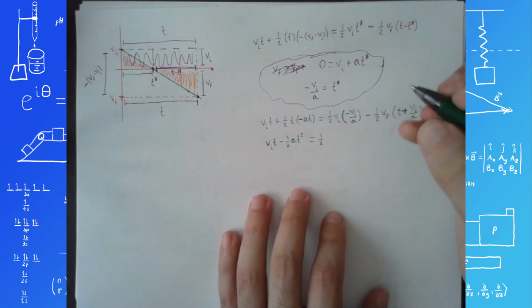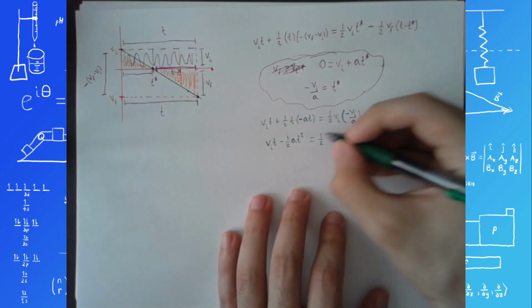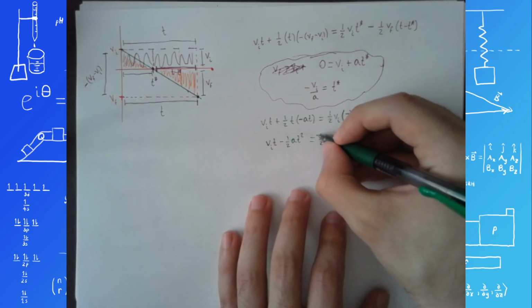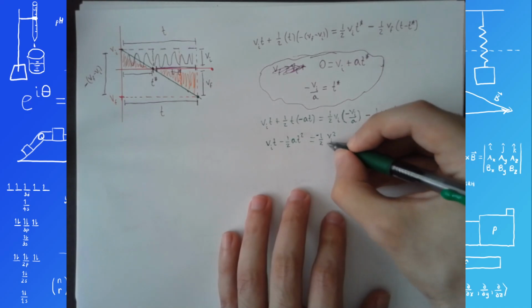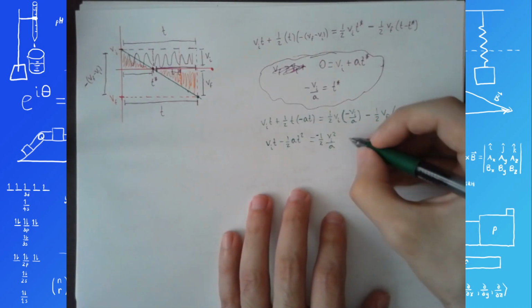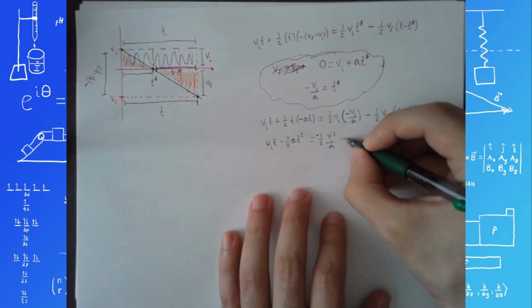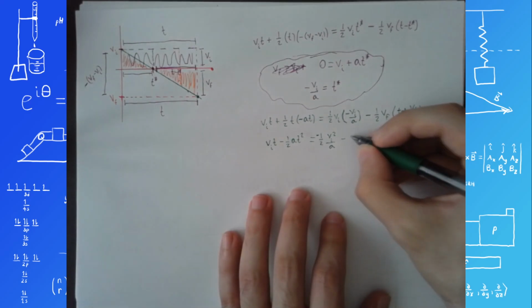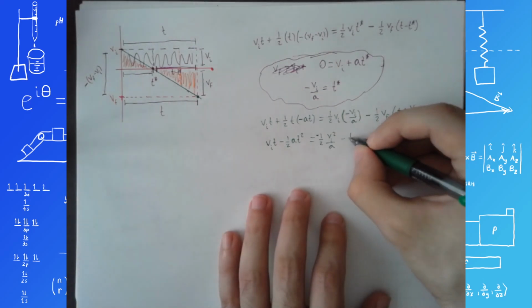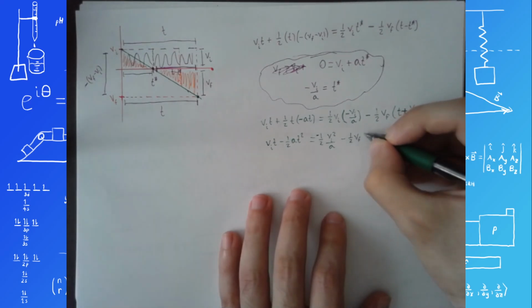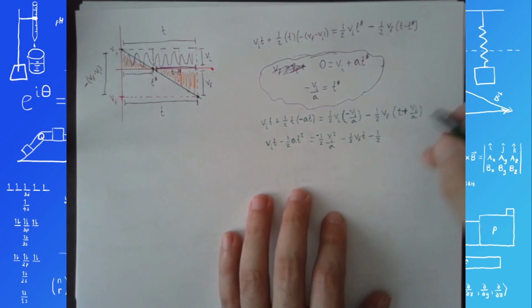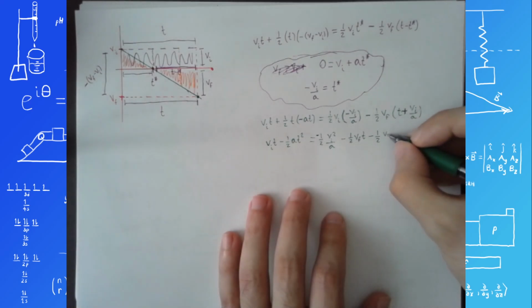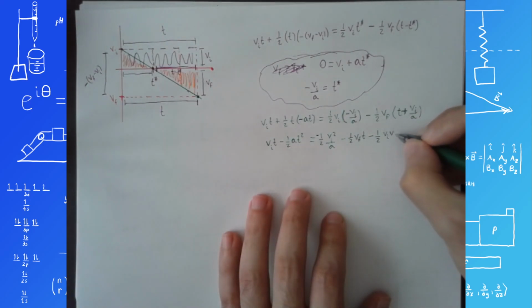Equals 1/2, or maybe minus 1/2 v initial squared over a, minus 1/2 v final t, and also minus 1/2 v initial v final over a.